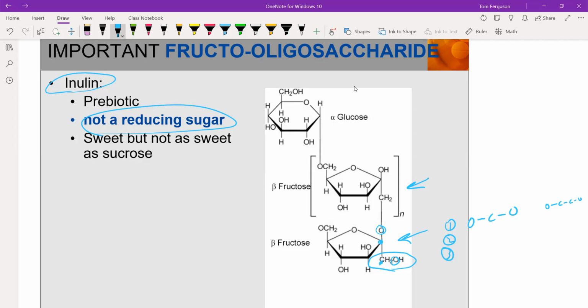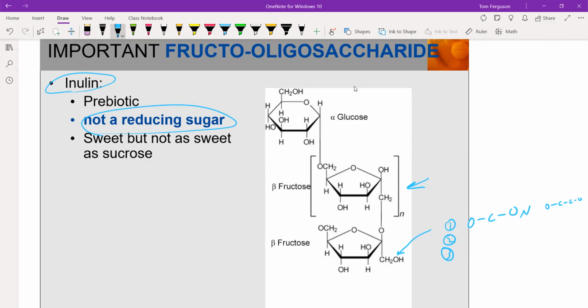So that's a no. And then we get to stop right there. So that doesn't qualify for a hemi anything. Okay, so that's one of the reasons this is not a reducing sugar. So there's no hemiacetal present.